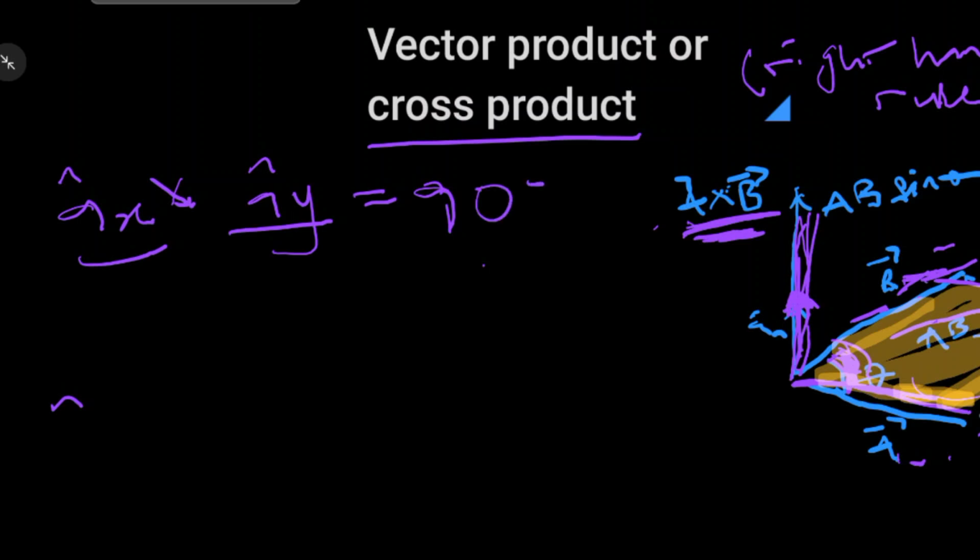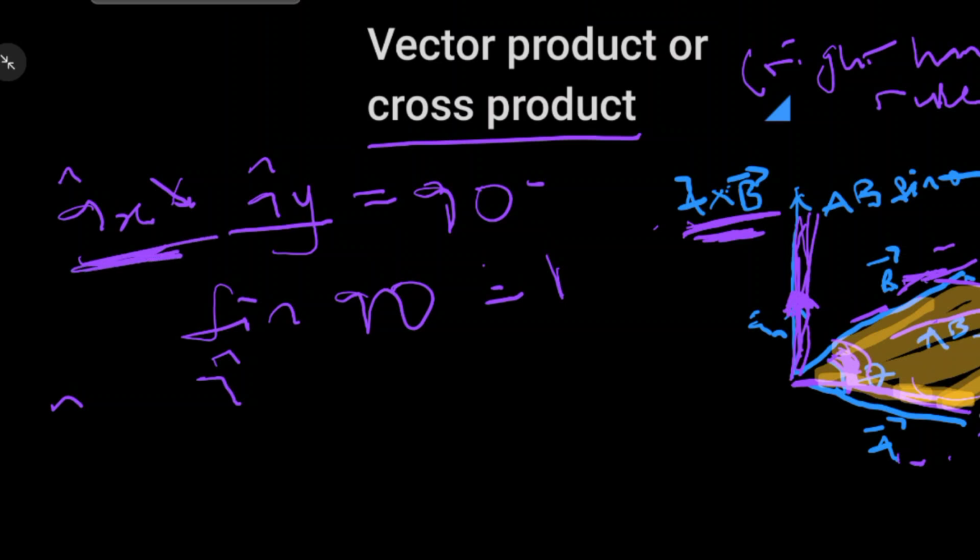So now we know that sine 90 is equal to 1. So therefore, the sine of the perpendicular angle, which is equal to 90, sine 90 is equal to 1.